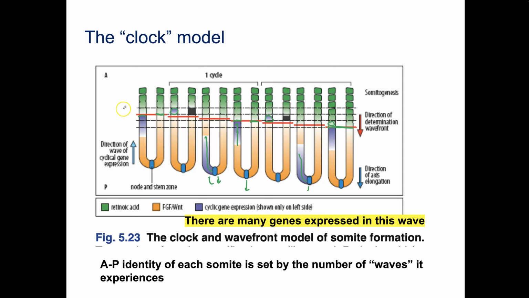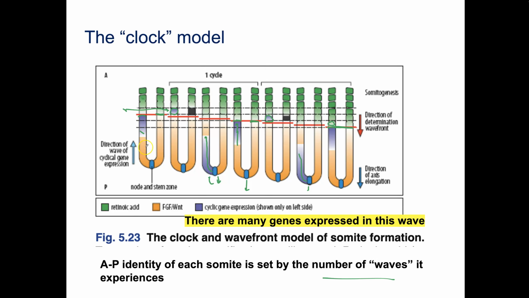Now, it's thought that the identity a particular somite takes on is related to the number of waves it experiences, because cells up here that form the second pair of somites had one or two waves of this gene expression, but the next one had a third wave, and the next one had a fourth wave.